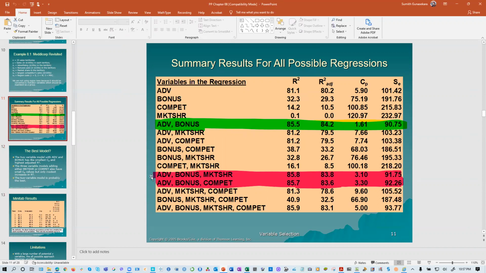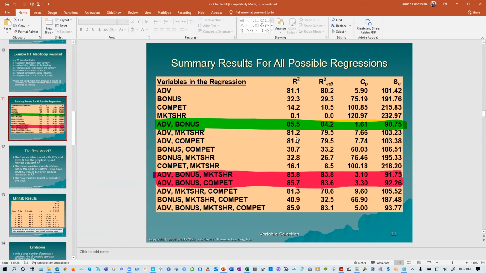There are two other models that come very close to that one. They can be recommended too, but look at the smallest and the highest values. That's the model we take as the best model.